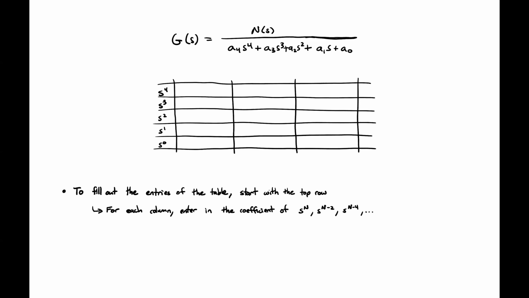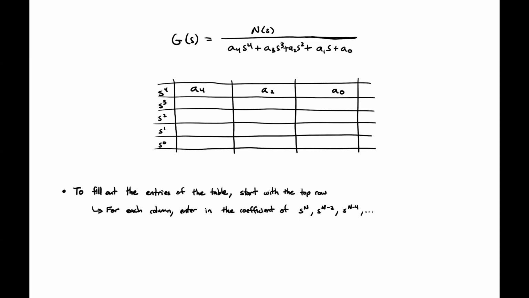Then skip the next one, go to the one after that, so n minus 2, n minus 4, etc. In this case, our very first entry is the coefficient in front of s to the 4th, which should be a4. Then we skip a3 and go to a2, that's the second column in the first row. And then we skip a1 and go to a0. So we're doing every other term, right? This is what we're doing.